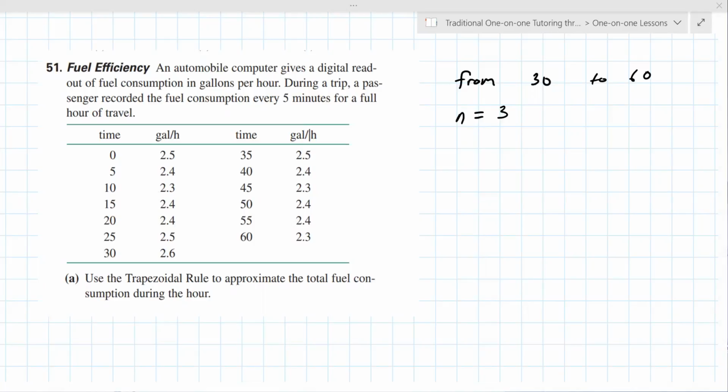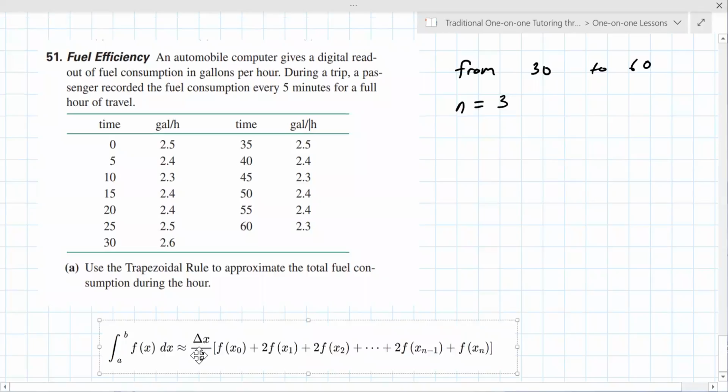Yes, but in terms of the way you do the formula, let me snip it in here, and I'll just explain it. So here's the trapezoidal rule. Instead of it being delta x on the outside, it's delta x over 2. So that's a really small thing.